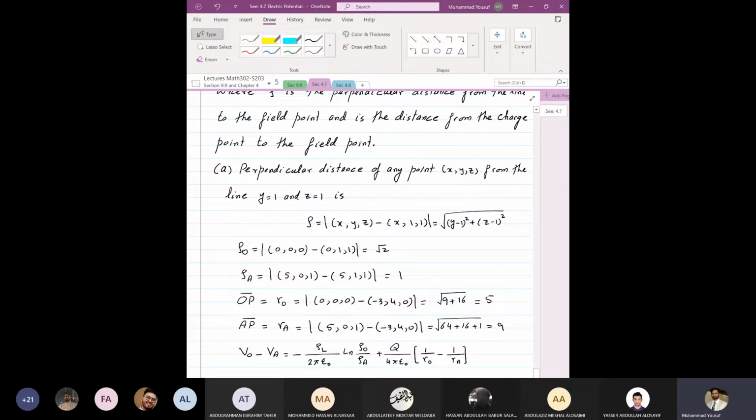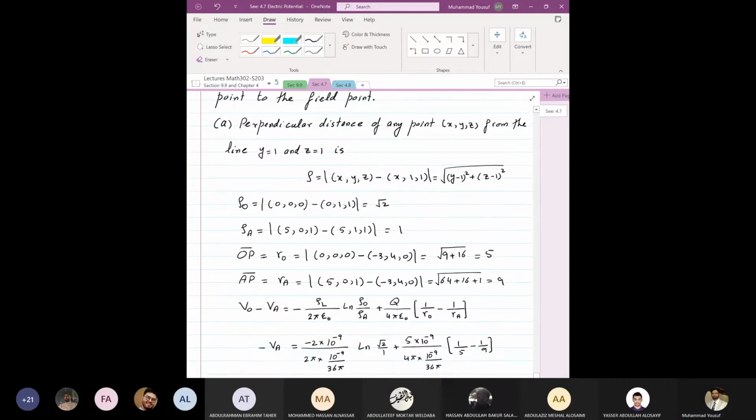These two have the same value of x. But on the line, the values of y and z are always 1, 1, and in general, at any point in this space, the values are y, z. So this is the formula to find the perpendicular distance of a point from a line.